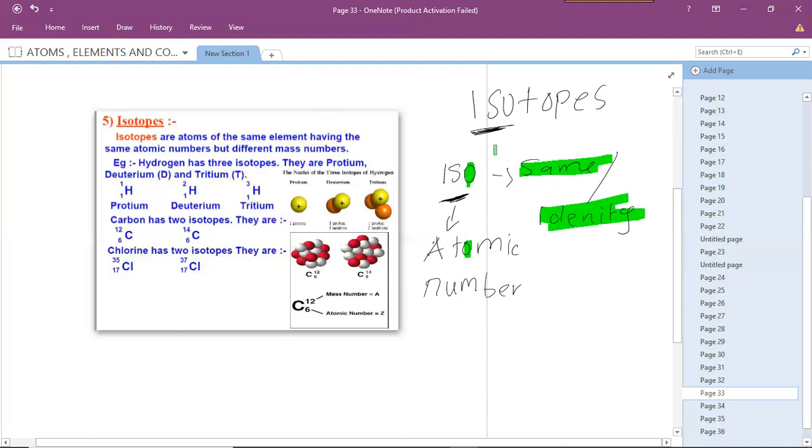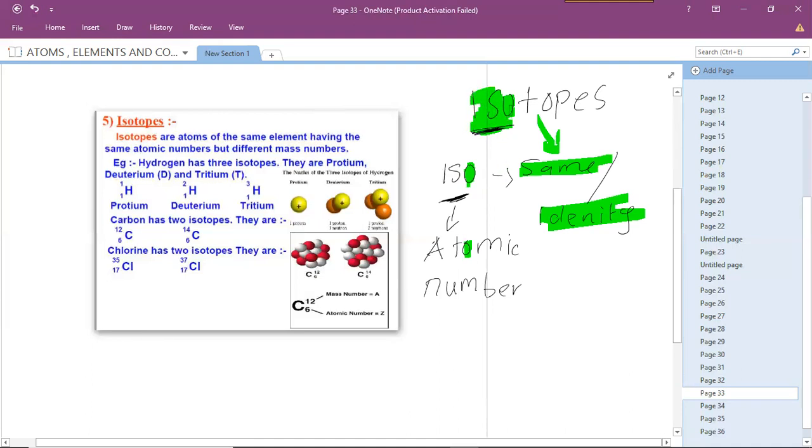So maybe a question says define an isotope. You see this O there, you're like, okay, atomic number. First you see iso, you say iso means the same.